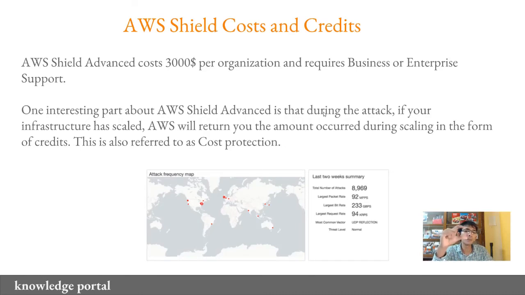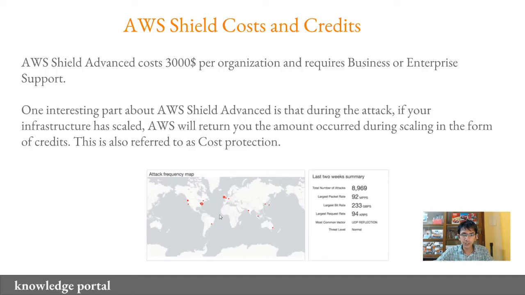AWS will return you that money in the form of credits. Do remember, it does not offer credit for all AWS resources. There are certain AWS resources like Route 53, ELB, and CloudFront, for which the credits will be returned to you if you have seen a surge due to a DDoS attack.